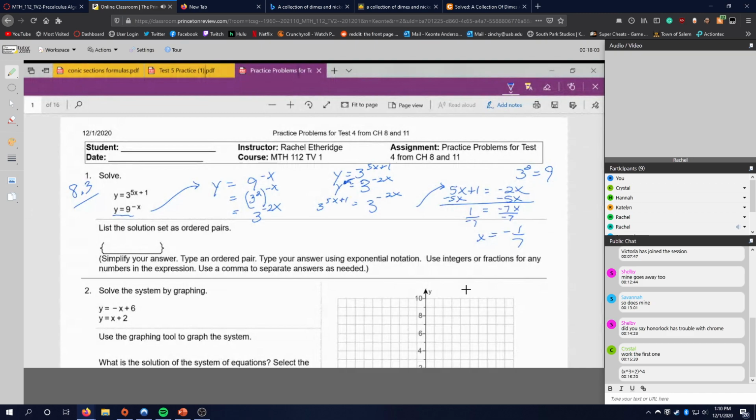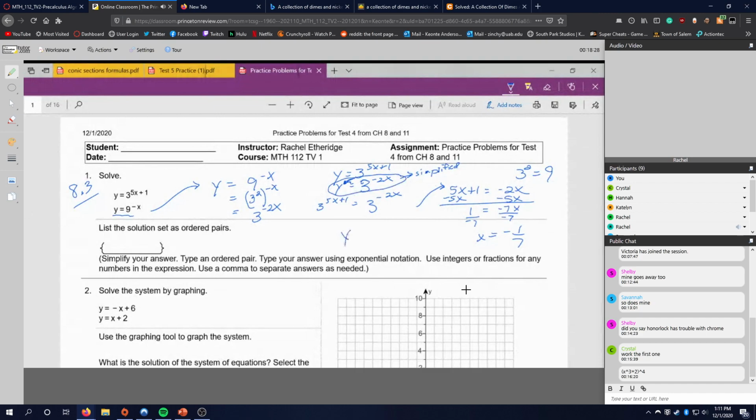I either plug into y equals 3 to the 5x plus 1, or into y equals 3 to the negative 2x, because 3 to the negative 2x is more simplified than 9 to the negative x. So that's the one I'm going to plug into to get y.